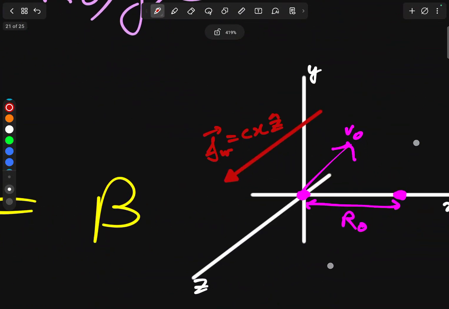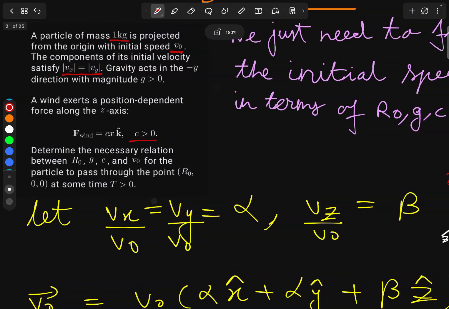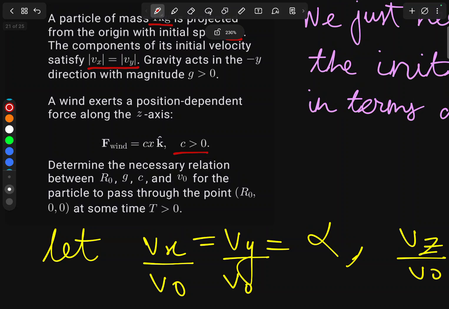Now, for R0 to be here, right? Now I think I have not written out some assumptions properly, that the vx is also going to be along the positive x-axis, and the vy is also going to be along the positive y-axis, right? Because this is one of the first questions I created, so my phrasing wasn't as good back then, right?